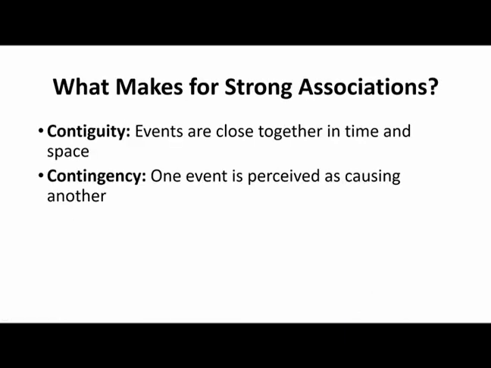So I've already dropped some hints about what makes for strong associations, but we're going to go over them again real quickly here. We are going to talk about contiguity and contingency. Contiguity is basically that the events occur close together in time and space.